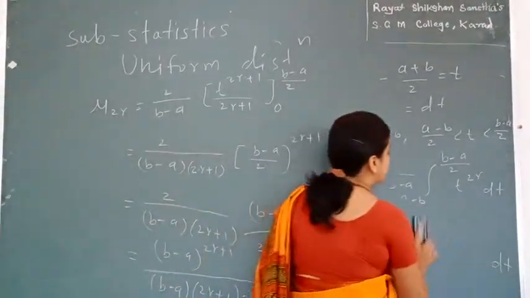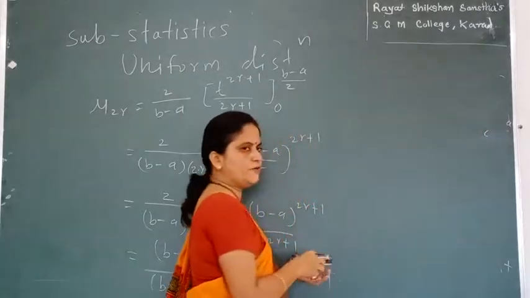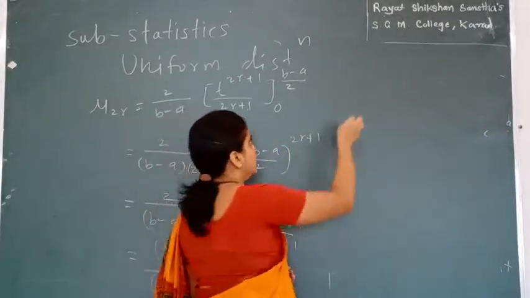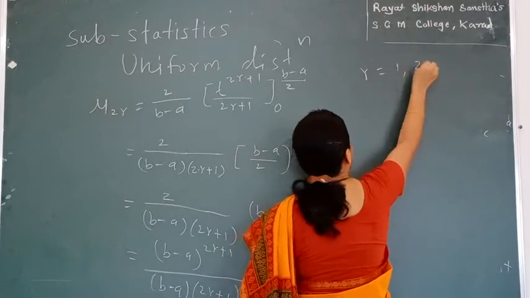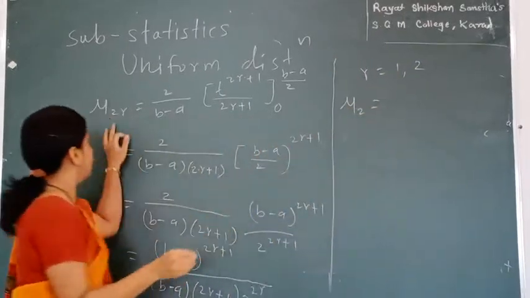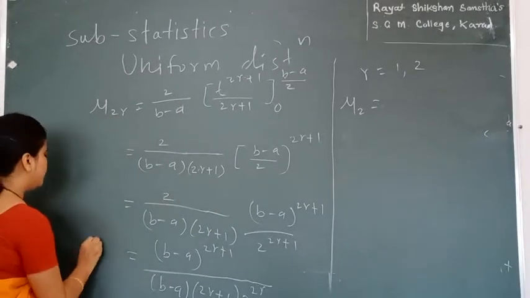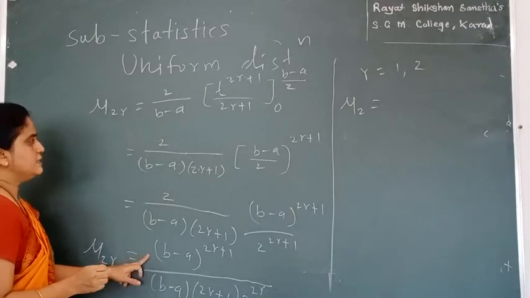Now to get the even order moments, we can put the values of r as 1 and 2. If I put the value of r as 1, I get the value of mu 2.